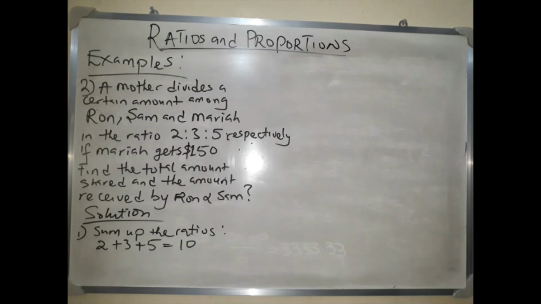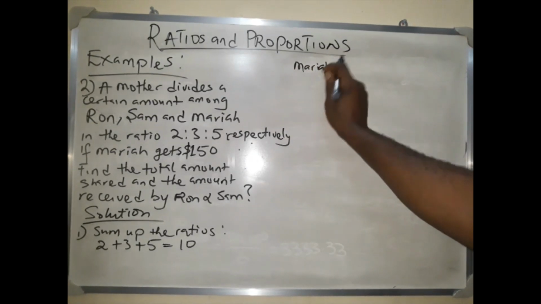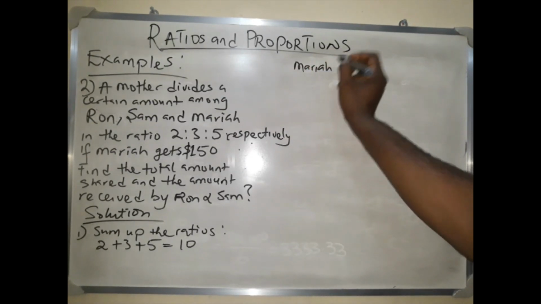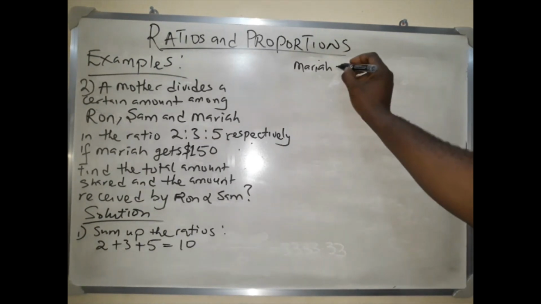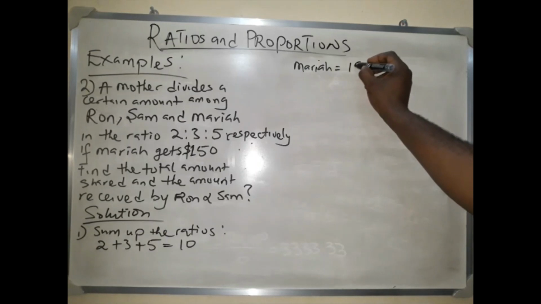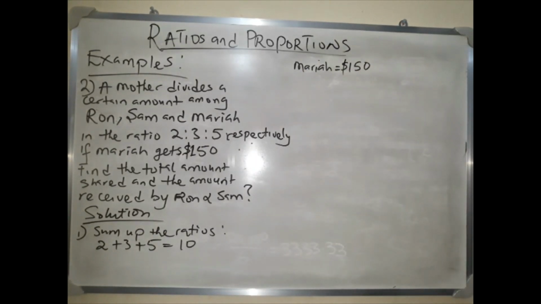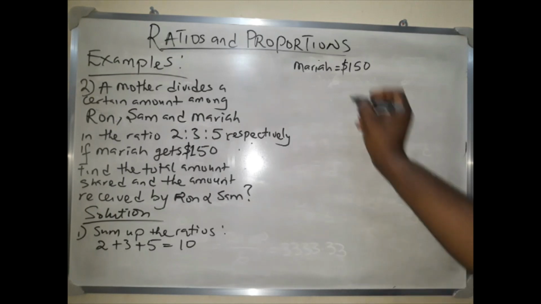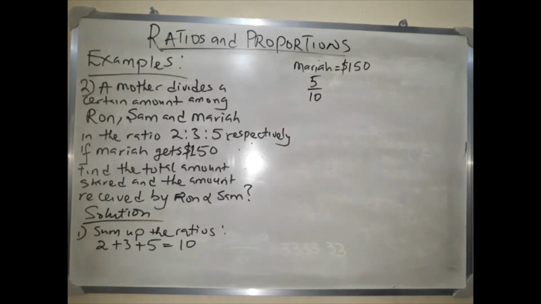Now, we'll apply the knowledge of how much Mariah gets to help us calculate the total amount of the money that was shared. Now, we know that Mariah got $150 out of the shared money. And we also know that she has a ratio of 5/10 of the money.